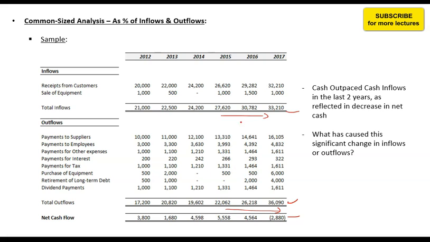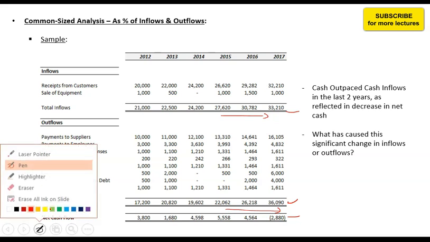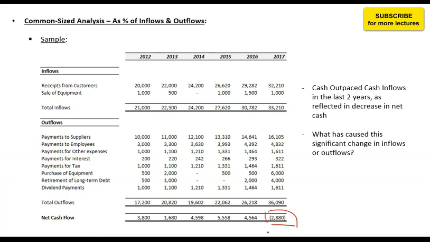That is, outflows are higher, inflows are smaller, which is leading to negative net cash flow. So over the years from 2012 to 2017, your cash flow has come down from positive 3,800 to negative 2,880.